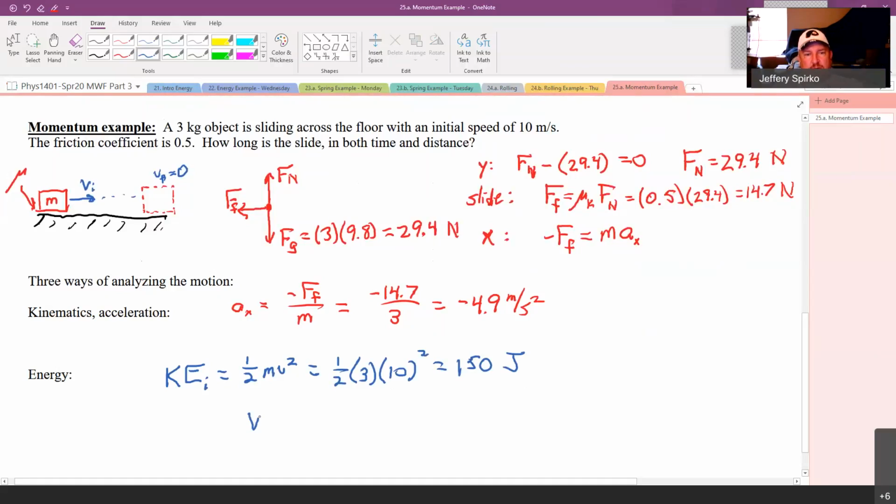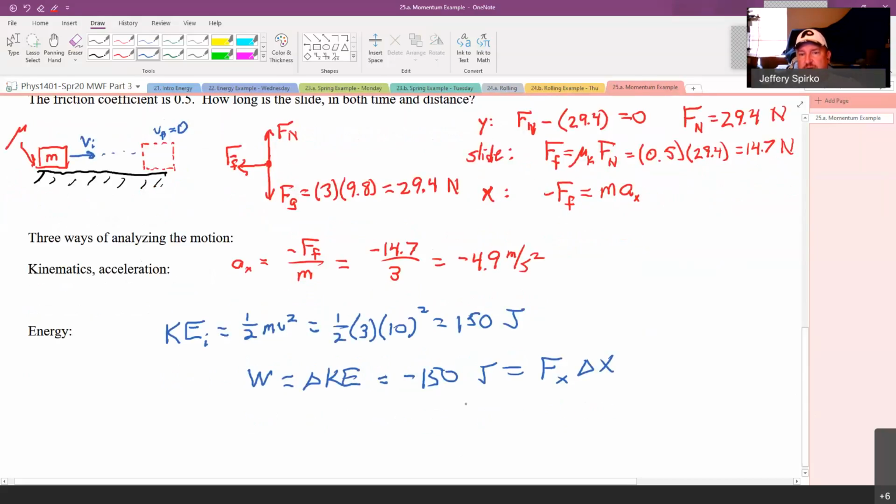And then work is the change in kinetic energy. So we have 150 joules at the beginning. At the end, we have no kinetic energy. So that's minus 150 joules is equal to Fx delta x. That's kind of the definition of work.